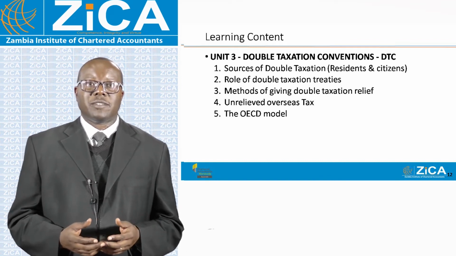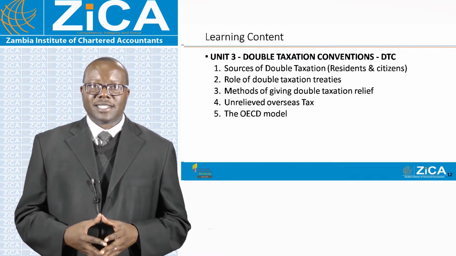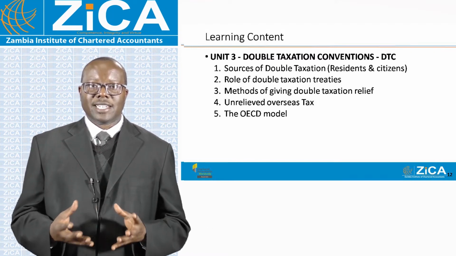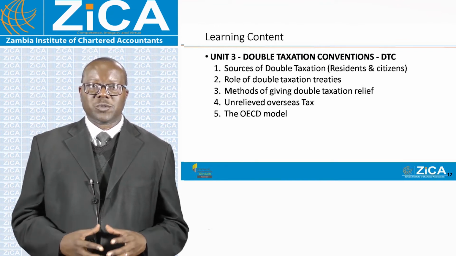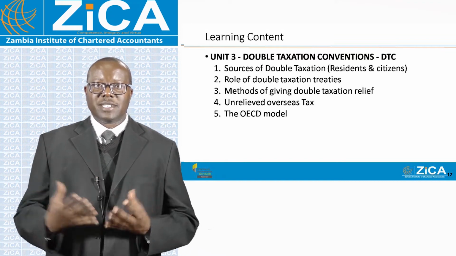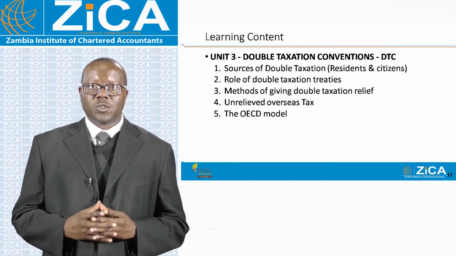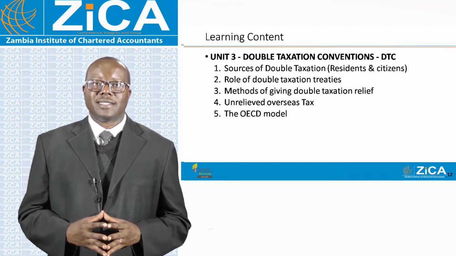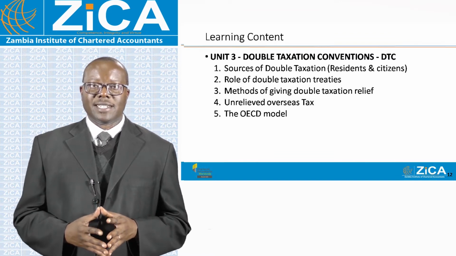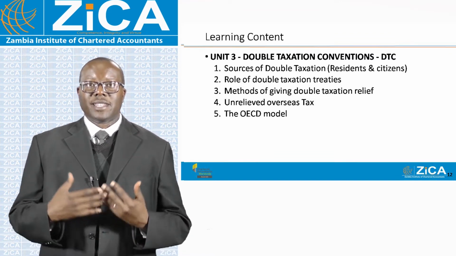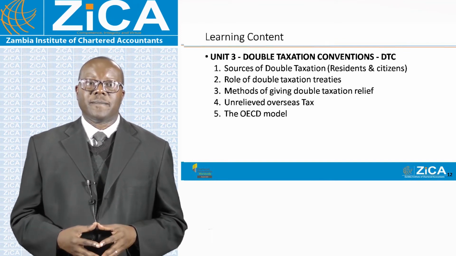2. Role of double taxation treaties. The role of double taxation treaties is to ensure double taxation, which would arise because income being subjected to tax in Zambia has already been taxed elsewhere, is prevented from being taxed twice. So when there is a double taxation treaty, tax will only arise in one of the two countries, either in Zambia or in the source country where that income arose from. 3.